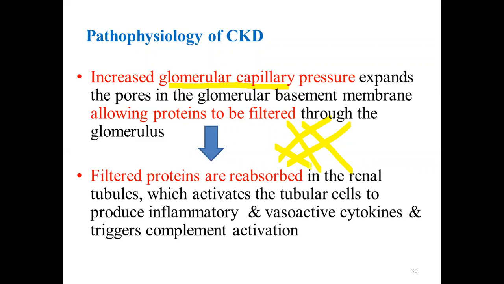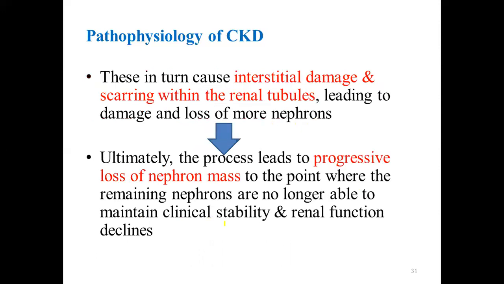But the major problem is that when proteins are filtered and reabsorbed in the renal tubule, they can activate different inflammatory mediators, including complement activation. Because of this, the damage to the kidney can increase. This in turn causes interstitial damage as well as scarring within the renal tubule, and this leads to loss of more nephrons.